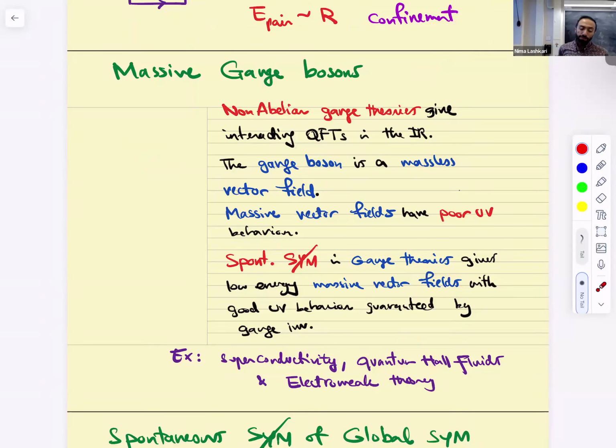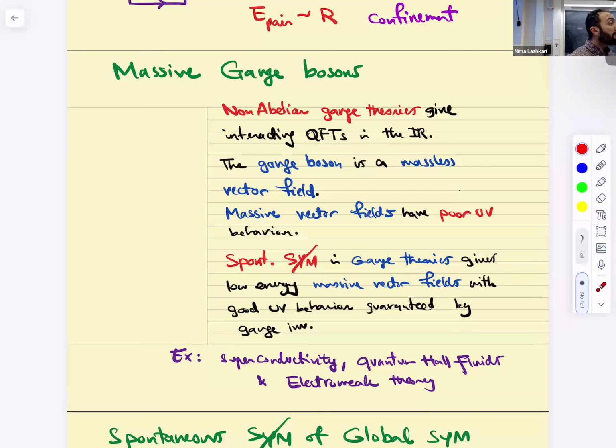So non-abelian gauge theories gave us interacting quantum field theories in the infrared. We found gauge bosons as massless vector fields. We know that massive vector fields have poor UV behavior.